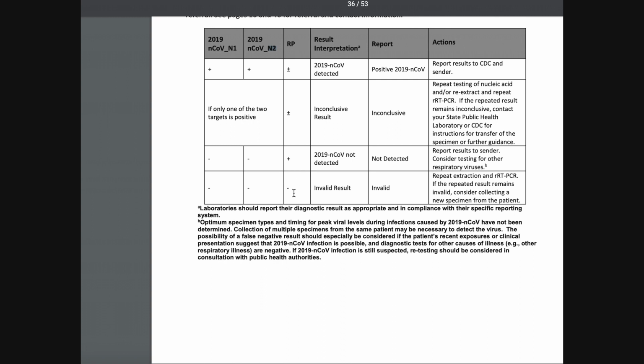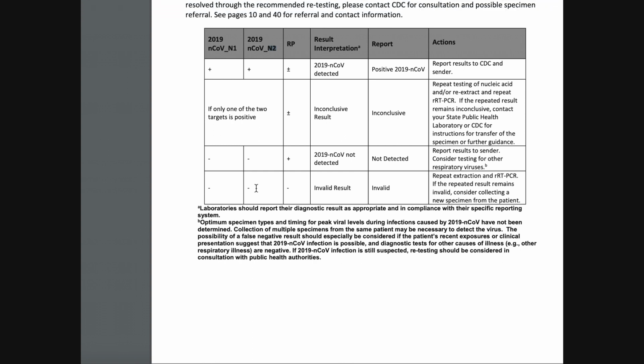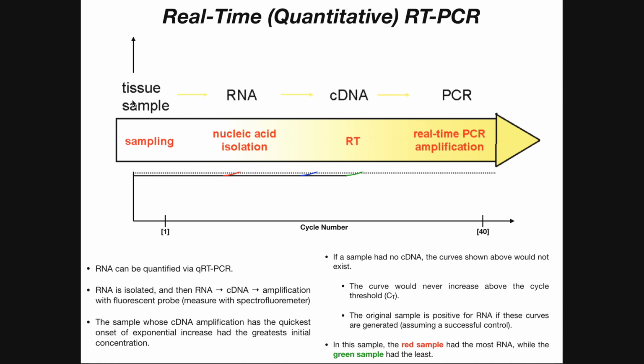And then at the bottom right here, if the control is negative and both of the viral genes are negative, that doesn't necessarily mean that the person is free from infection. It's actually an invalid test. The reason it's invalid is that if the control didn't work and neither of these worked, that could just mean that the original sample extraction was faulty.